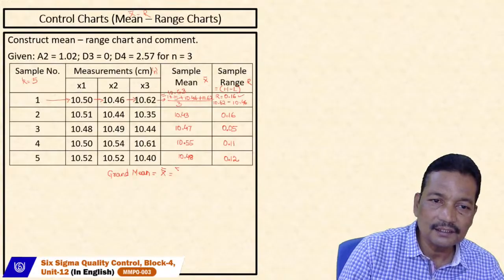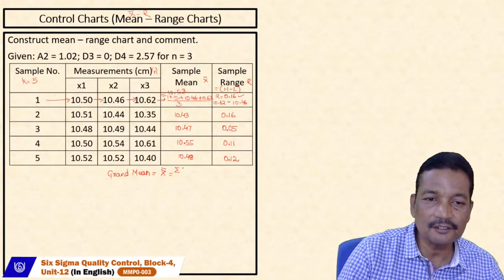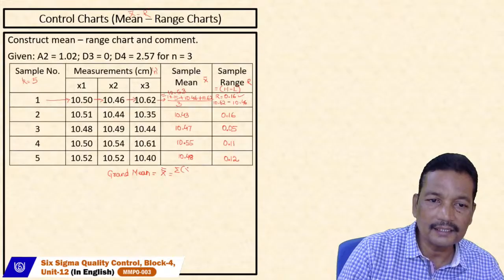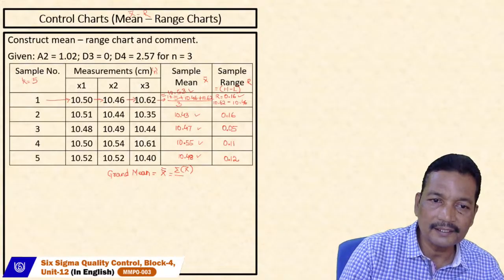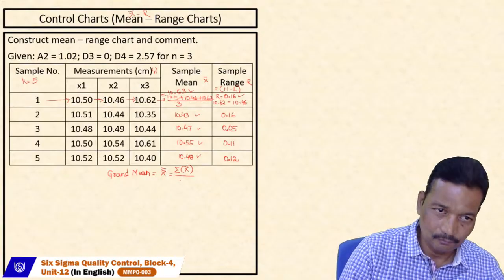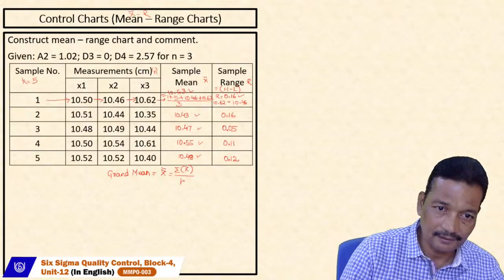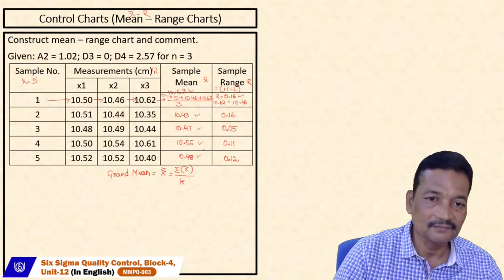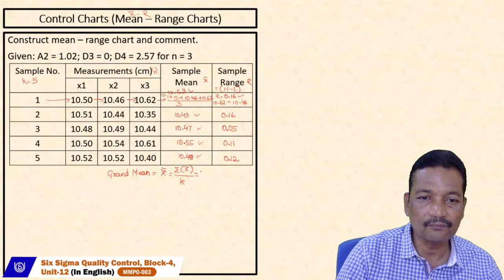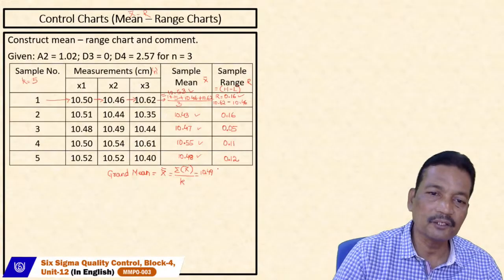This is the symbol of summation of all x bars. That means all the sample averages I will add up, whole divided by k, number of samples. So it gives me a figure of 10.49.